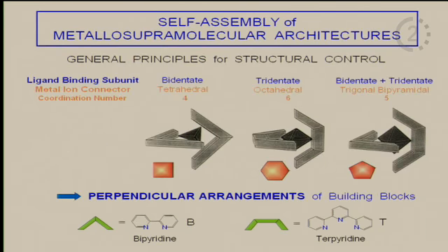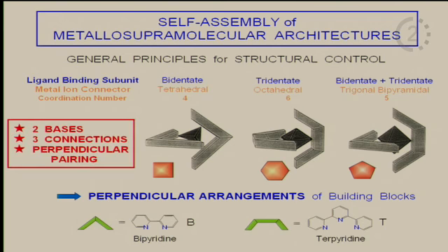So that is another representation of the same thing. Bidentate tetrahedral, coordination number 4, these are perpendicular. Tridentate octahedral, coordination 6, these are perpendicular. Trigonal bipyramidal, 2 and 3, they are perpendicular.